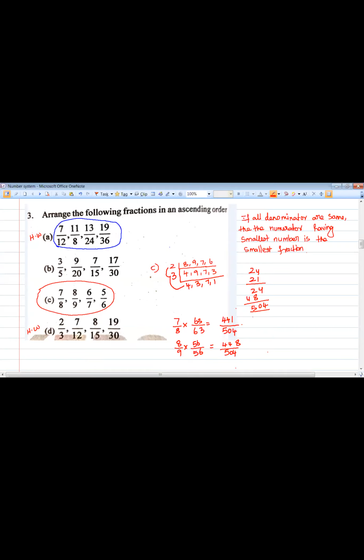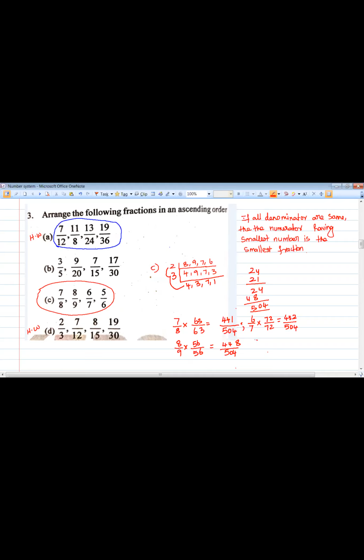Then what about 6 by 7? 7 sevens are 49, 2 sevens are 14. Yes, very good. 72 by 72. So 432 by 504.